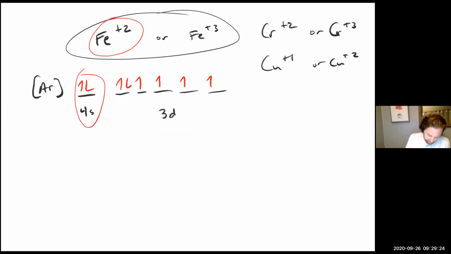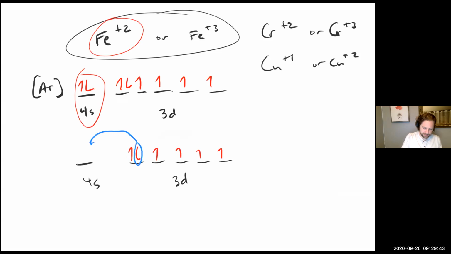And the result is that the electrons actually do some fun little rearranging. If these 2 electrons leave, it's normally an empty shell for 4s. The atom will stabilize itself, and what it'll do is actually move one of these electrons to spread out. If there's a little bit of a gap in the orbitals after ionization, the electrons, for transition metals, will often rearrange by 1 just to have half-filled orbitals.